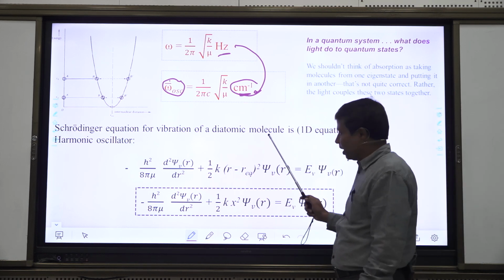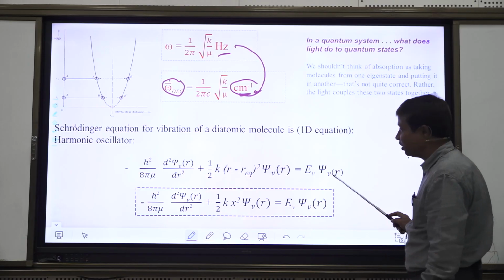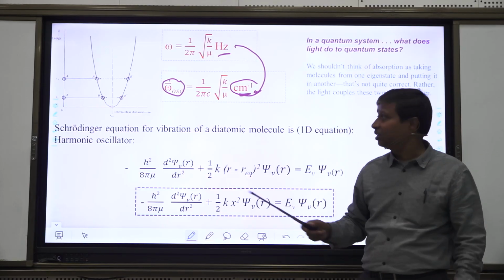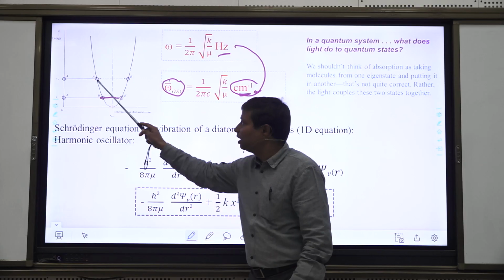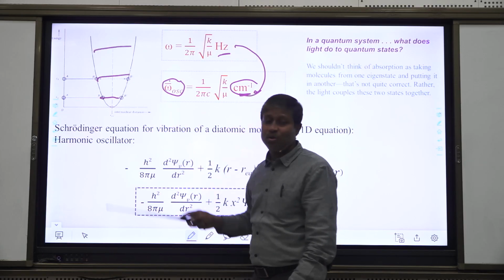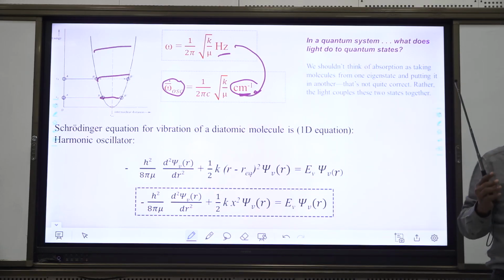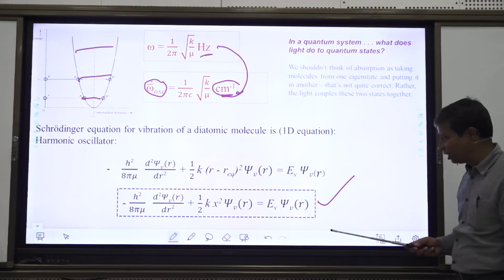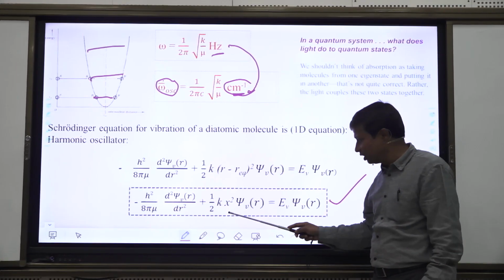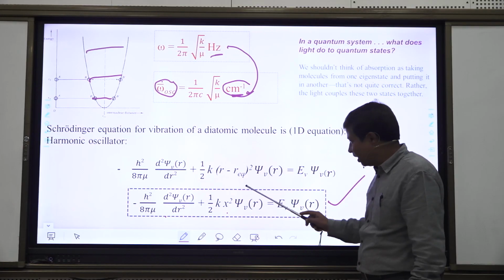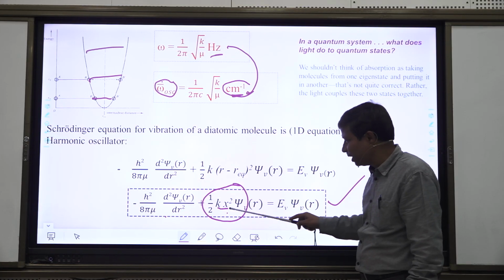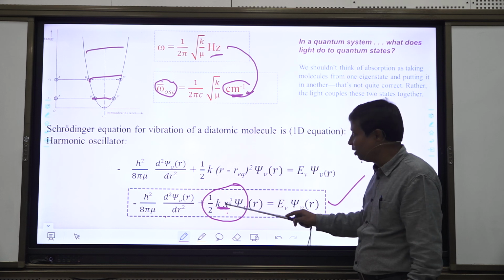Now, we have to solve the Schrodinger equation to get the energy levels. The energy levels come out of the solution of the Schrodinger equation. In that equation, you have potential energy, kinetic energy, and the energy term.